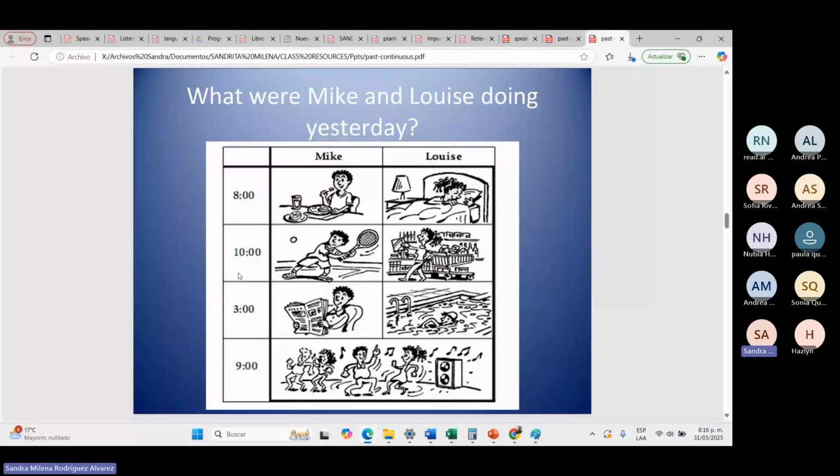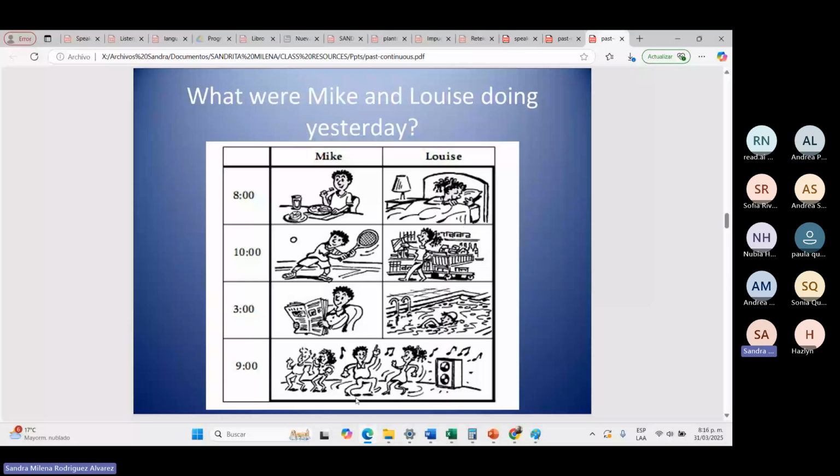Here. What was Mike doing here? He was reading the newspaper. And what was Luis doing? He was swimming.